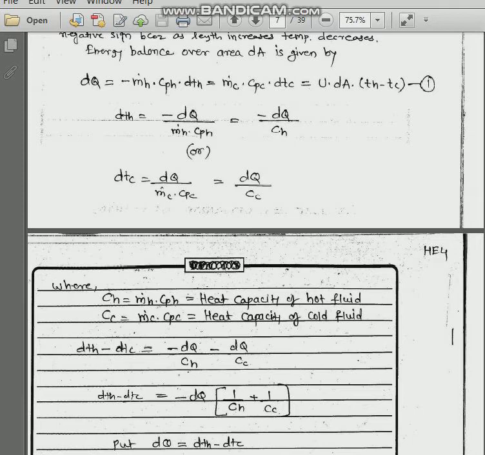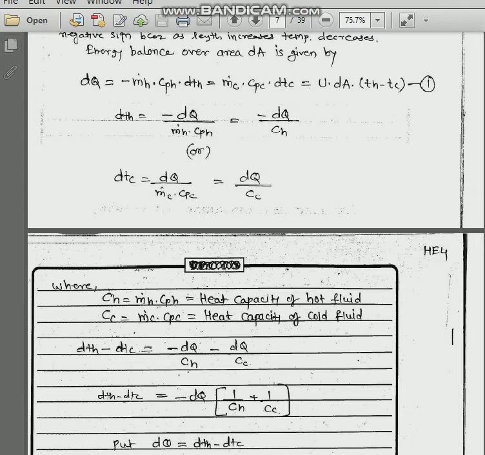If you see this equation very carefully, we can write dTh is equal to, this minus sign will go to the opposite side, minus dQ divided by m dot h into Cph, which is equal to minus dQ divided by Ch.